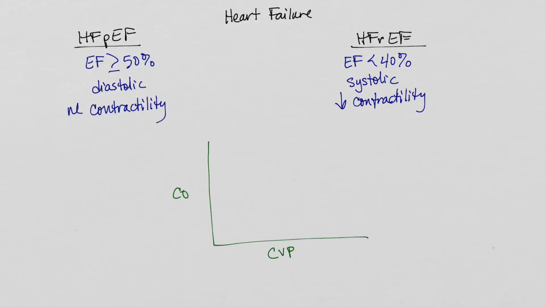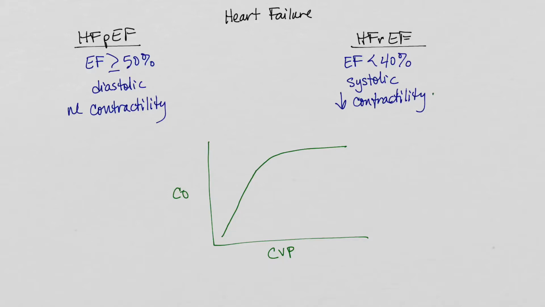So remember that contractility is not the same thing as the Frank-Starling effect. The Frank-Starling effect is what Dr. Shannon talks about, how when you increase central venous pressure up to a certain point, you're going to actually increase cardiac output. So increased stretch of the left ventricle results in increased cardiac output. You do still have that even in systolic heart failure where you have a loss of contractility.